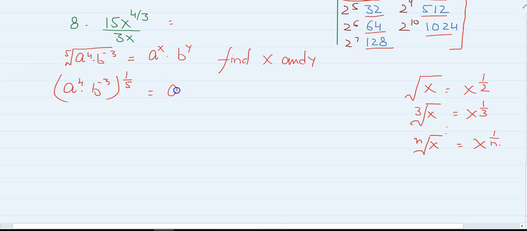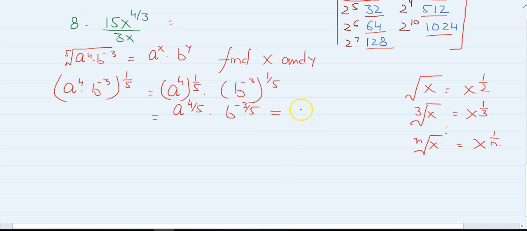So it will be a to the power 4, to the power 1 over 5, multiply b to the power minus 3, to the power 1 over 5. Now we can see 4 and 5 we cannot cancel, minus 3 and 5 we cannot cancel, so we just multiply 4 by 1. So a to the power 4 over 5 multiply b to the power minus 3 over 5.